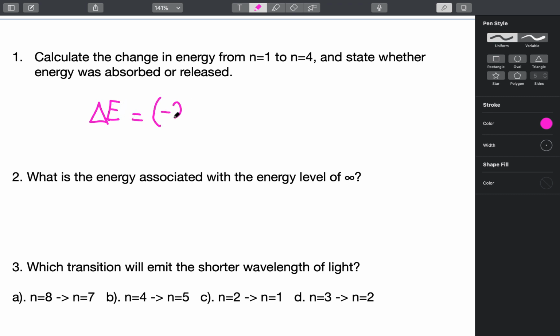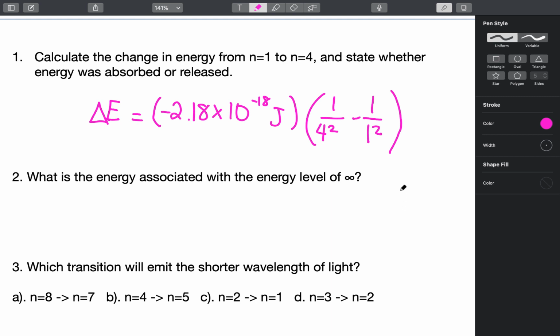You would just use this equation, and this would be equal to negative 2.18 times 10 to the negative 18th joules times 1 over 4 squared, because that's the final state, minus 1 over 1 squared, the initial state.